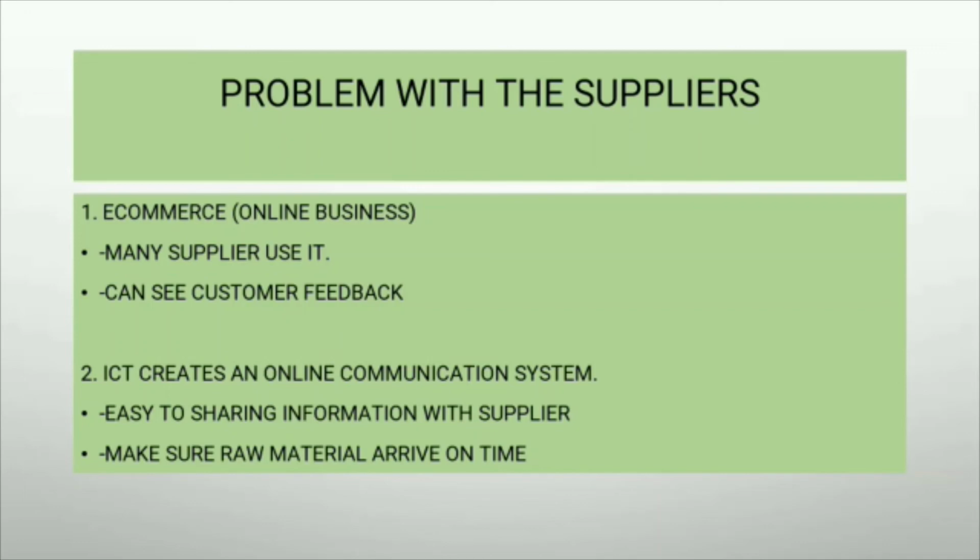Other than that, the delivery of raw material will not be late, because they always share information related to the delivery of raw material between the SME entrepreneur and the supplier.